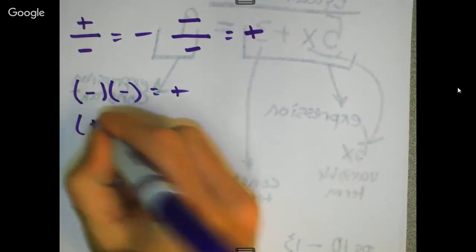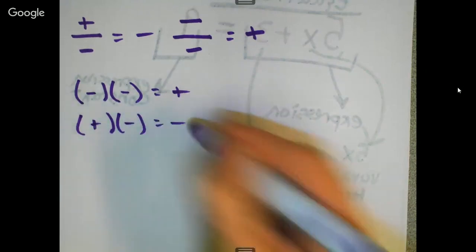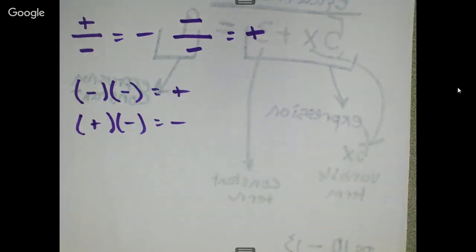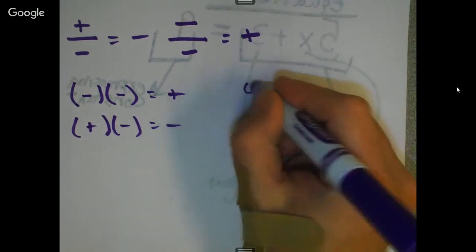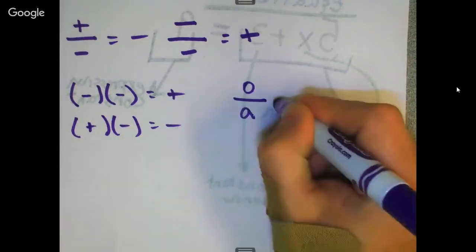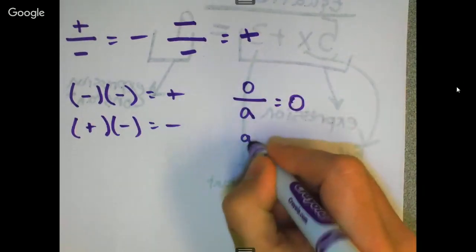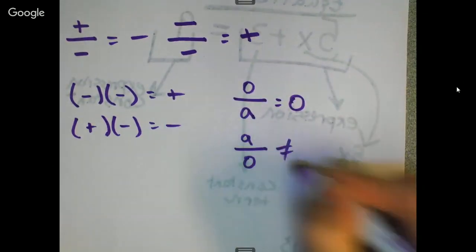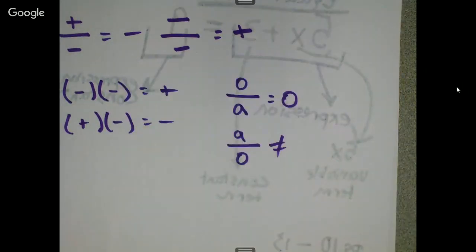A positive times a negative is a negative. And then you know how to do addition and subtraction with that. Know this, that 0 divided by any number is 0, and any number divided by 0 does not exist. Okay, it is undefined. You cannot divide by 0.